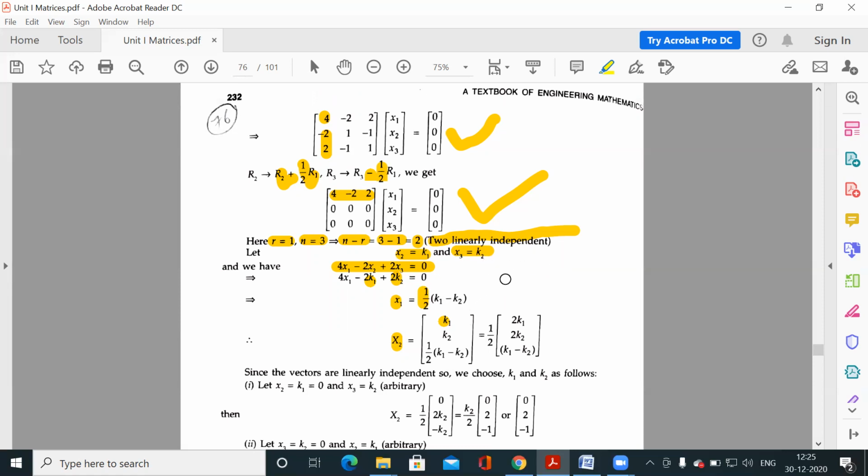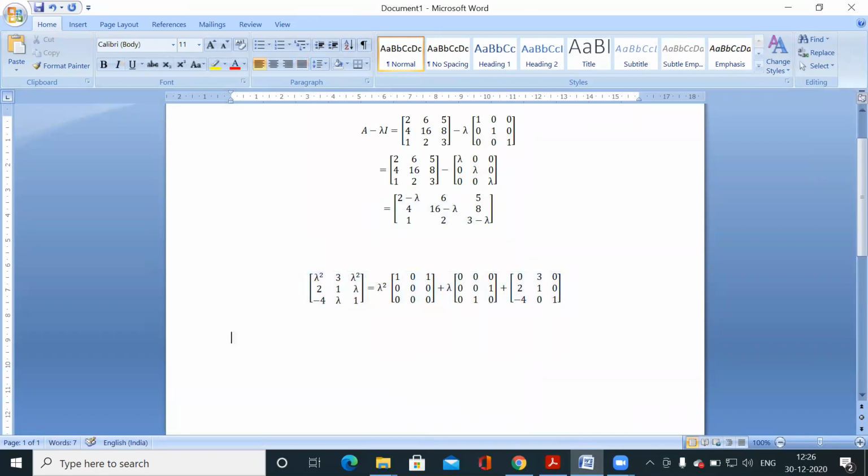So x1 is 1 by 2 of k1 minus k2, and second, x2 is k1, and x3 is k2.